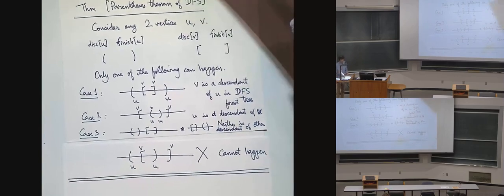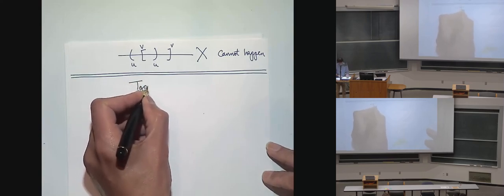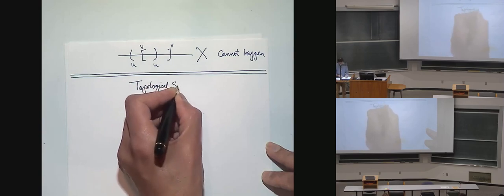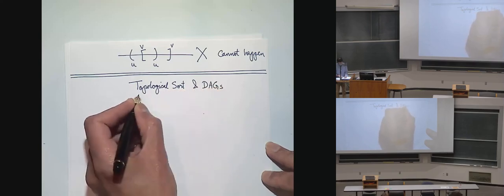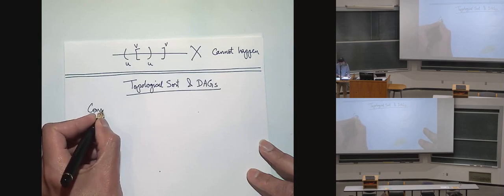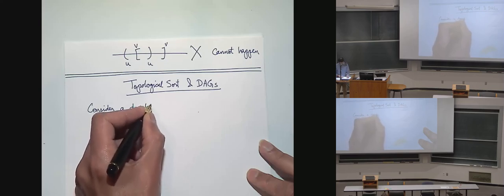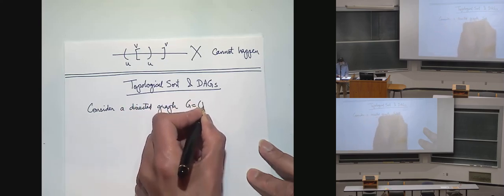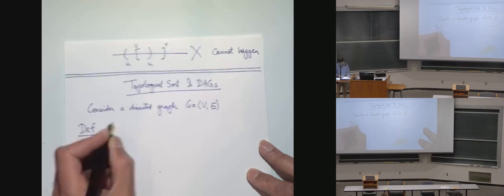Okay. So I'm going to talk about a problem called topological sort and DAGs. Firstly, consider a directed graph G equal to (V, E). Here's the definition.